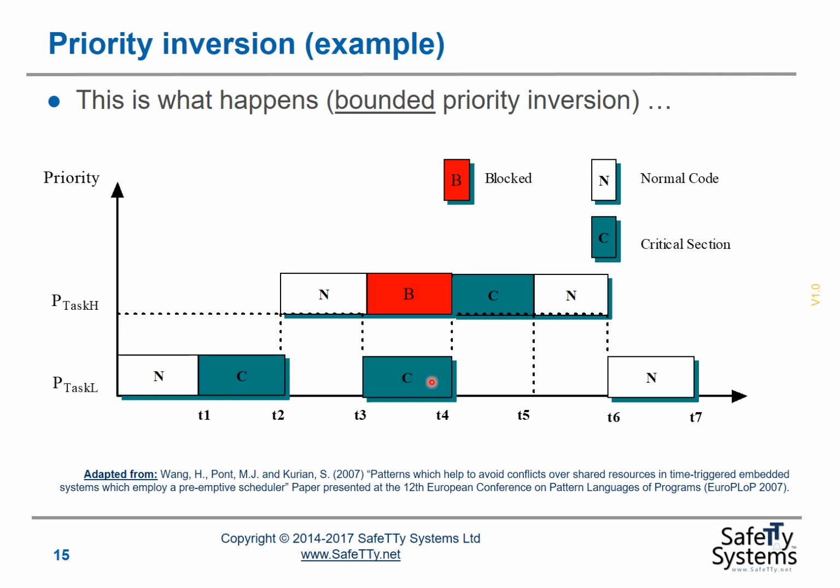Then, in the next time period, the high priority task will require access to our shared resource, but the low priority task has locked that resource. So we have to switch back to run the low priority task so it can continue access to the shared resource in this design.